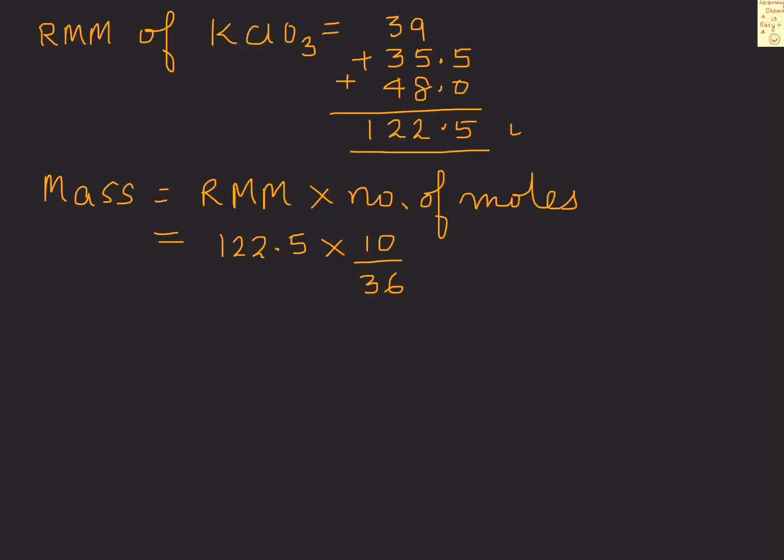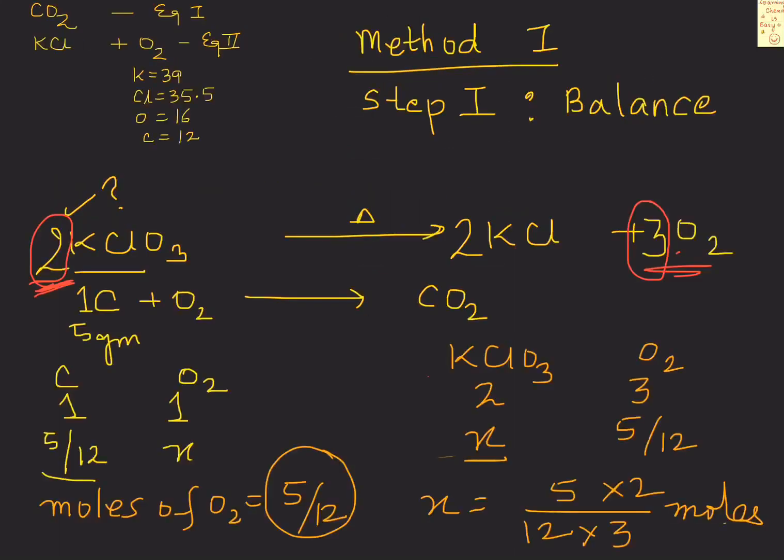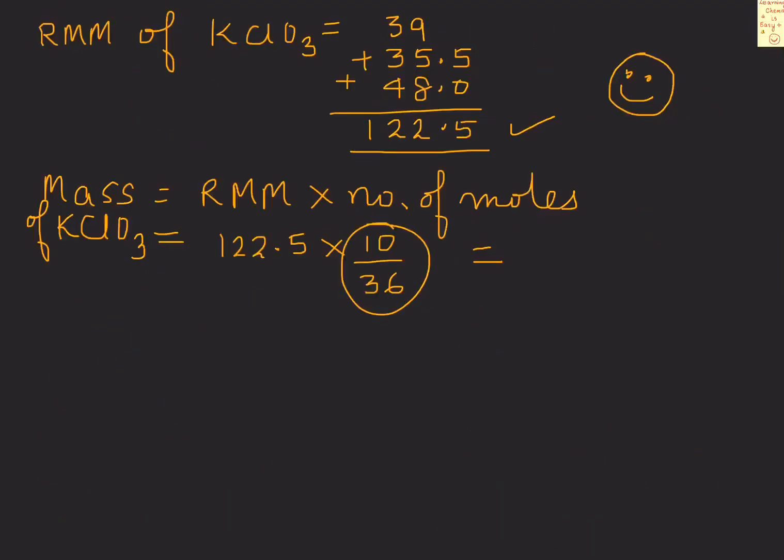So what we've got over here, RMM of KClO3, if you've got it right, that's another smiley for this lesson. Mass of KClO3, the final, yes, we arrive at it finally, RMM into number of moles. Where did we get the number of moles from? Yes, we calculated it from this value over here, correct? And we had left it as a fraction for ease of use.